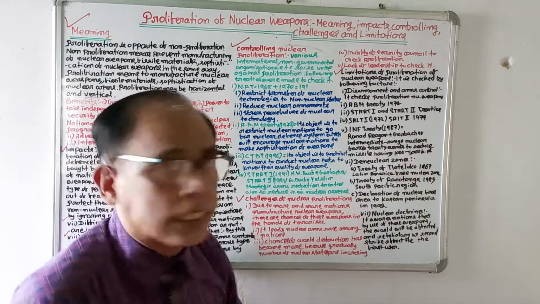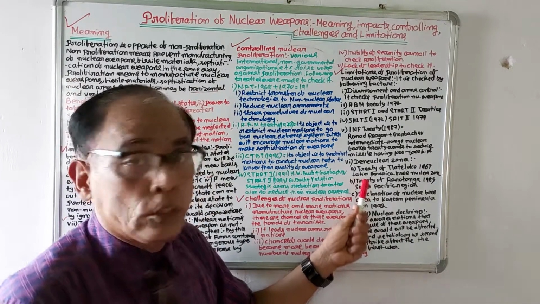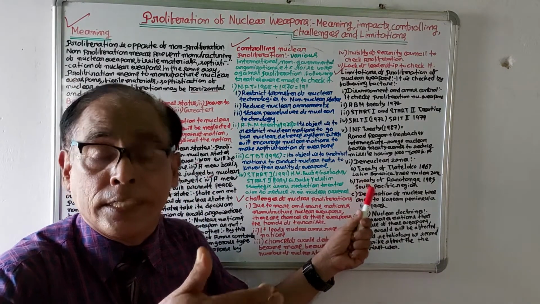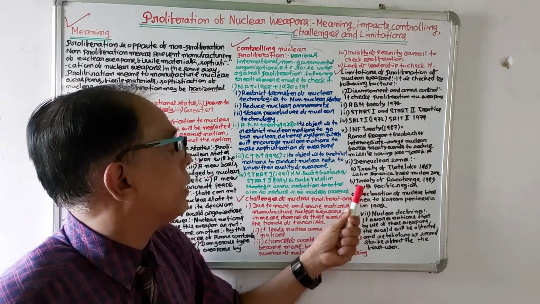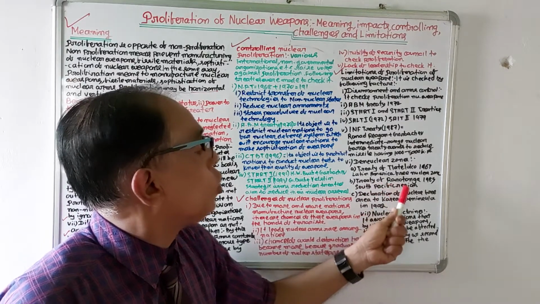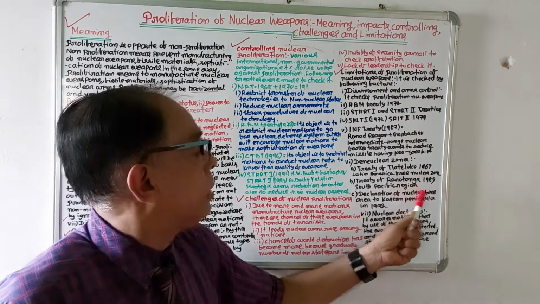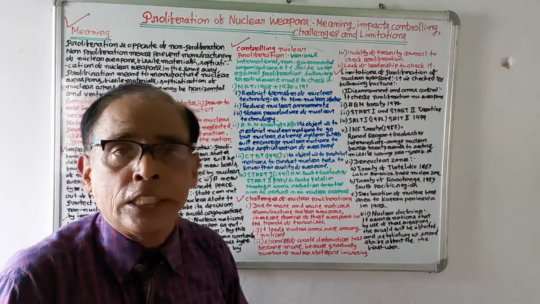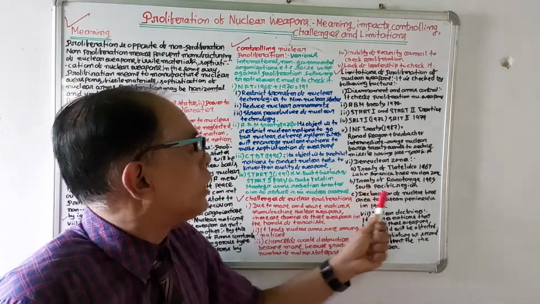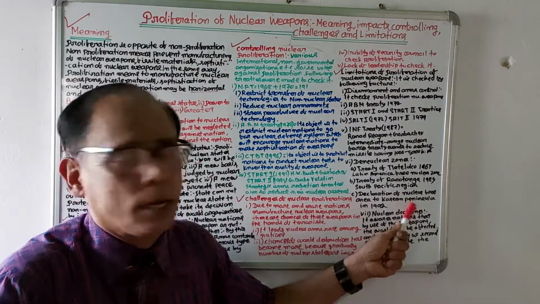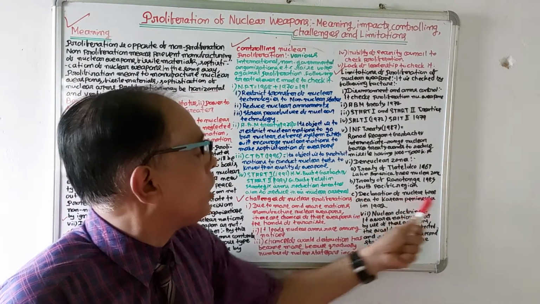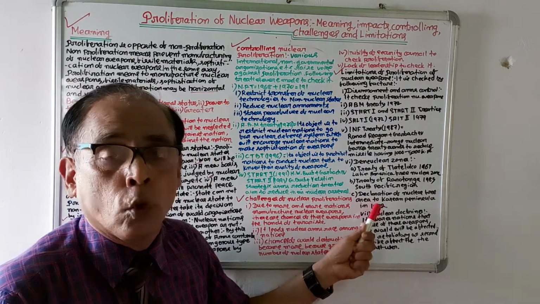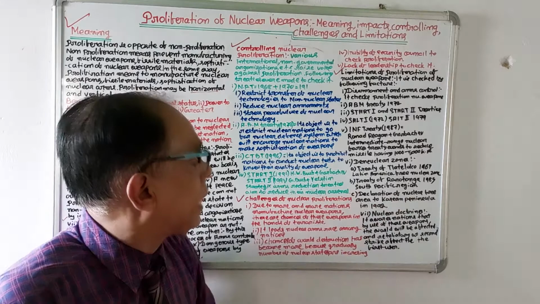It was signed in 1967 and it wants to make the Latin American area a nuclear free area. Treaty of Rarotonga was signed in 1985. Its objective is to make the South Pacific region a nuclear free area. Then the declaration of a nuclear free area in the Korean Peninsula in 1992.